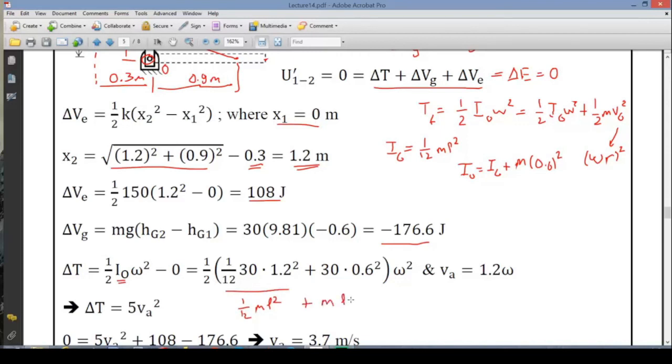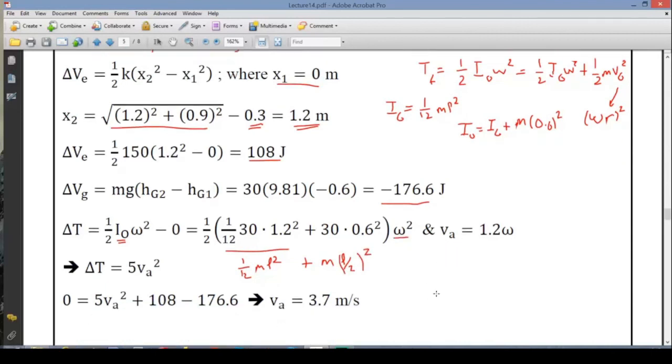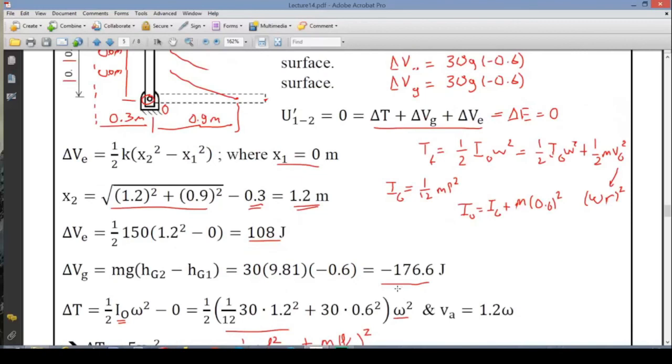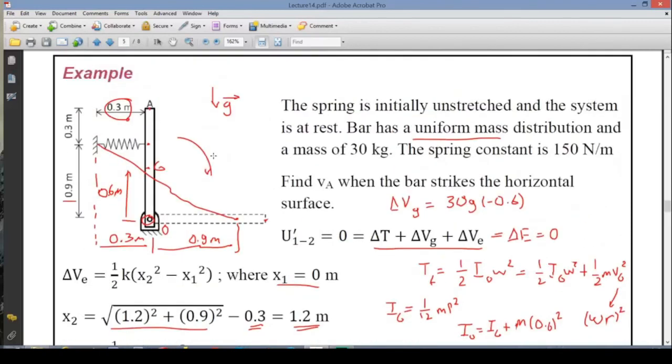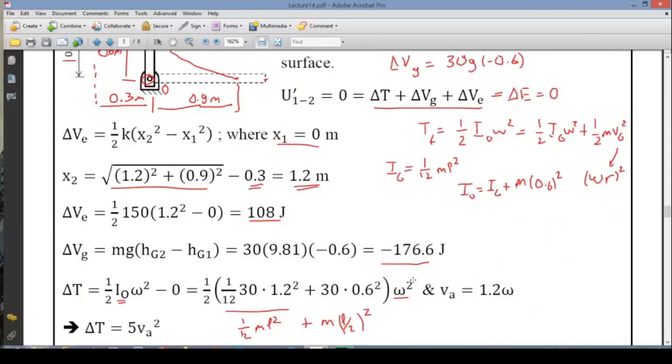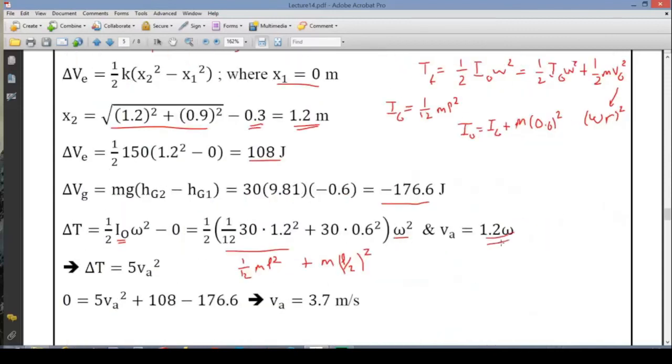Actually, this is a uniform rod, so I can write L over 2, by the way, L over 2 squared, times omega squared, and then the velocity of A, after we find out this omega, is actually going to be calculated as a fixed axis rotation from this point, and the total distance is 1.2. So 1.2 times omega will be the velocity of A point, and this is calculated right over here in terms of numerical values.